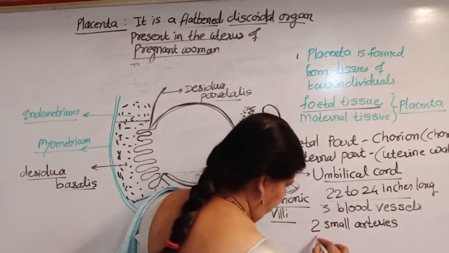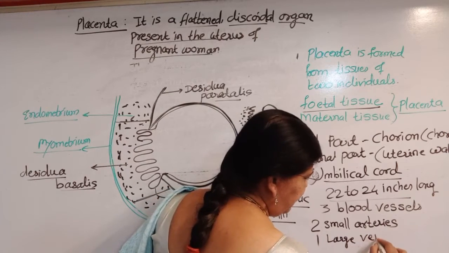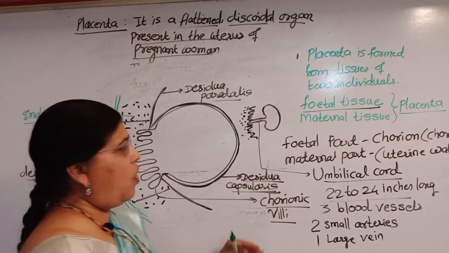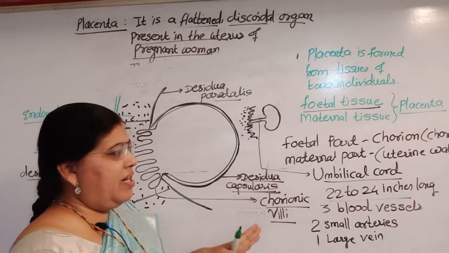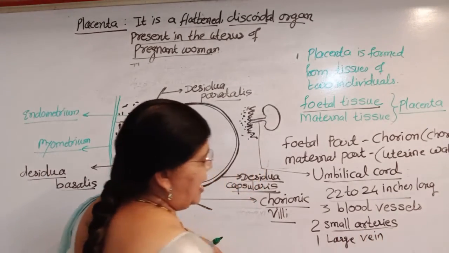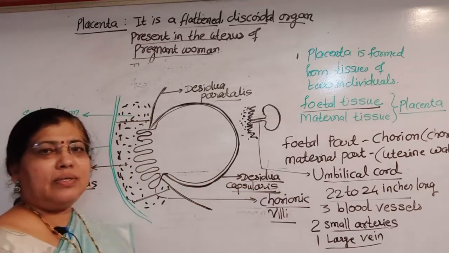Out of these 3 blood vessels, 2 are small arteries and 1 is large vein.